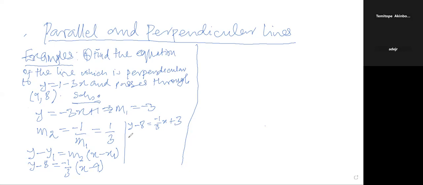So y equals 1 over 3x plus 11. So that's the equation of the perpendicular to y equals 1 minus 3x. Is that clear to you? Yes, sir. All right. So when you're done writing, let me know. We'll now consider another question.